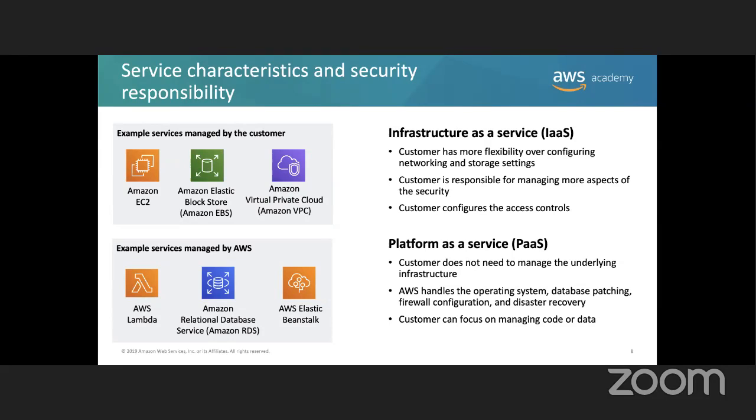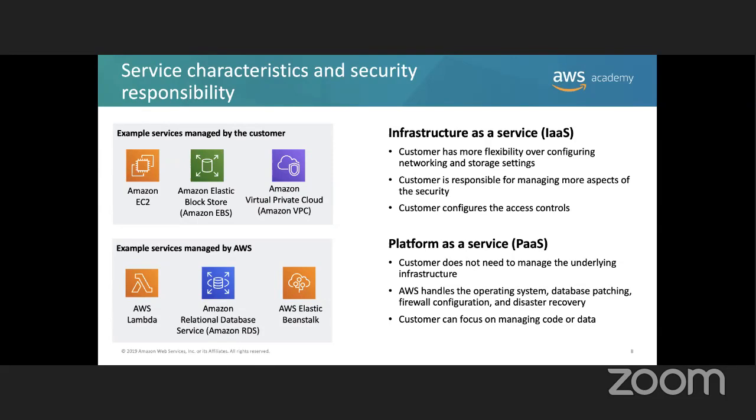Now, Amazon Relational Database Service, Amazon RDS, right? This is a managed service by AWS. We don't have to do anything. We just choose what engine we're using. Are we using Postgres? Are we using SQL Server? Are we using Aurora? Are we using MariaDB?